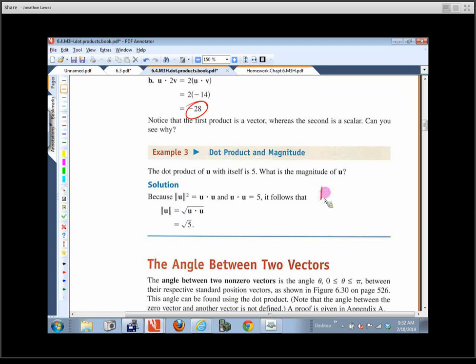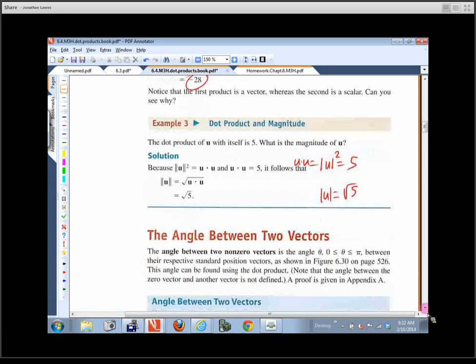So the magnitude of u squared is 5, because they said the dot product of u with itself. So u dot u is equal to that, and that's equal to 5. So take the square root of both sides. We get that the magnitude of u would have had to have been radical 5. Any questions? Okay.